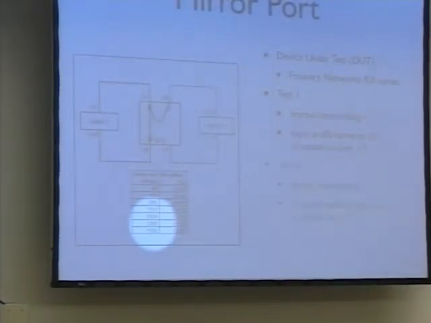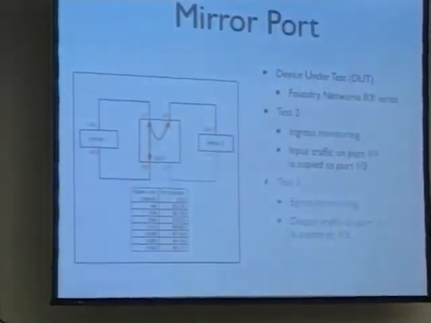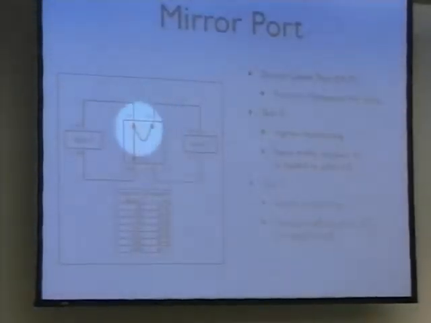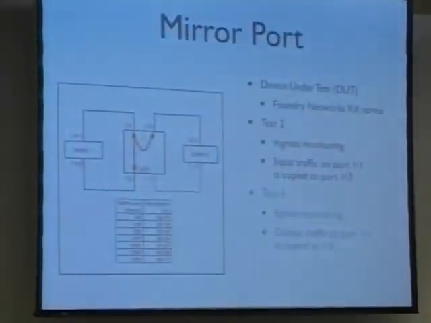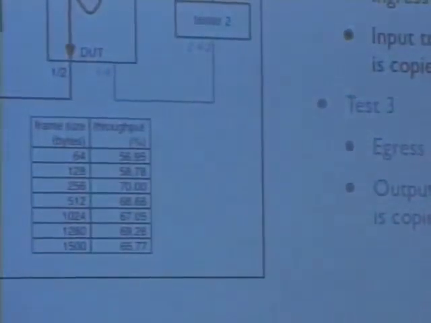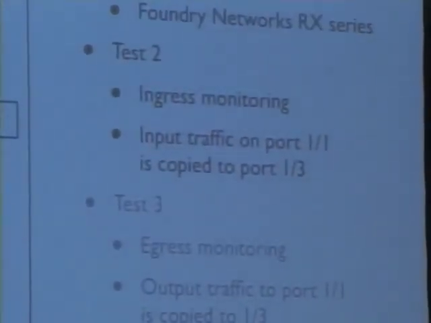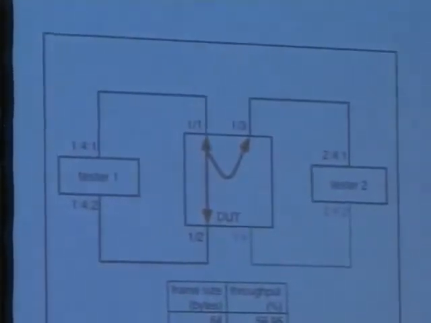But as soon as we switched on mirroring, we could see that the traffic here was dropping if you do that full line rate. So it was reducing the line rate again until all frames sent through were received. And what do you get when you only look at ingress traffic?